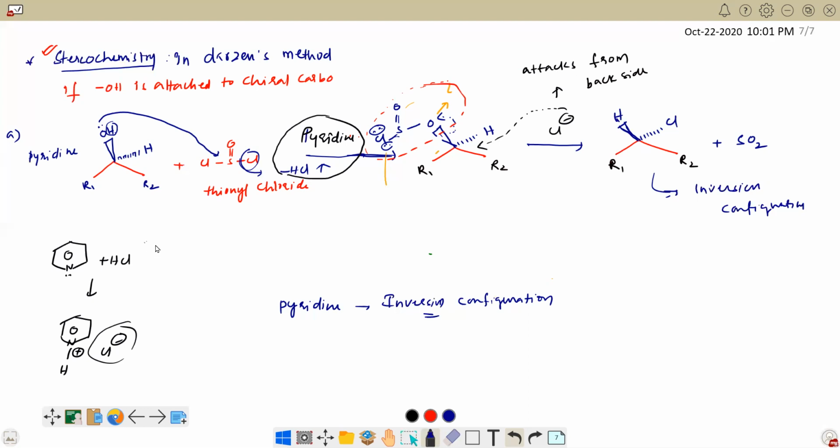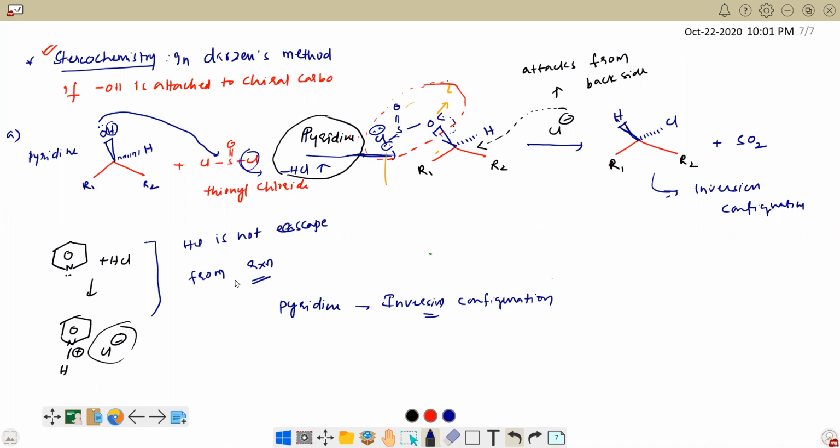Make a sentence here: HCl does not escape from the reaction mixture due to the base.